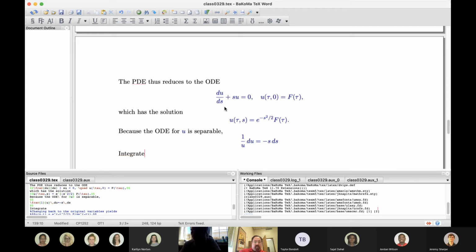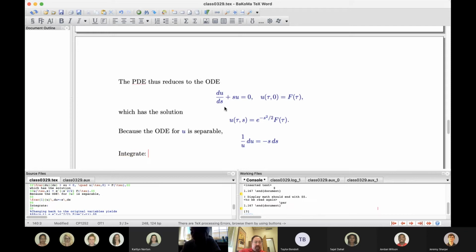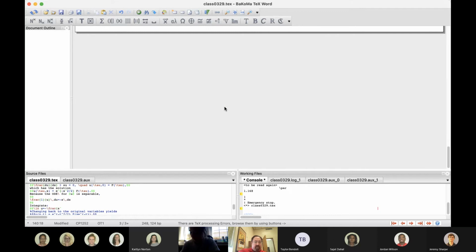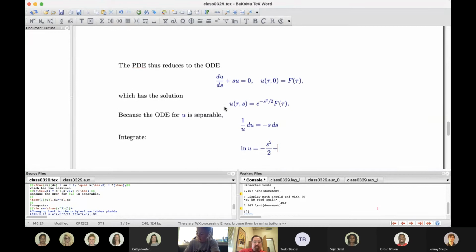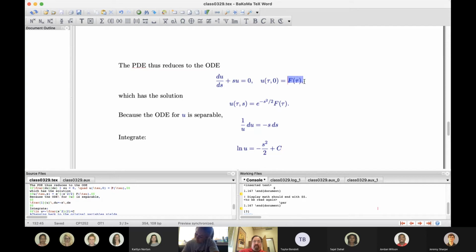And then when you integrate, you get natural log of u is equal to minus s squared over 2 plus a constant of integration. So then you exponentiate both sides, you get u is equal to e to the minus s squared over 2 times an arbitrary constant, which would be the initial value, f of tau. That's what goes here.